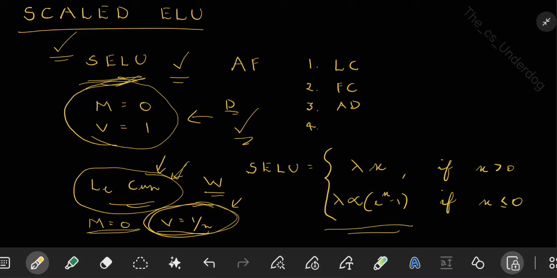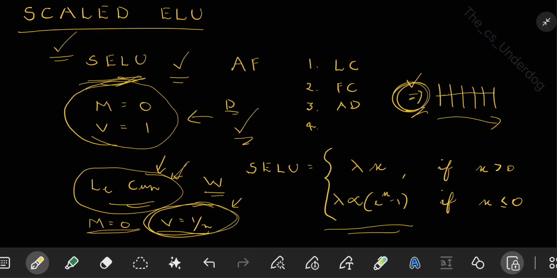Fourth point, this is the last point, the most important one. What are we saying with this scaled ELU? We are saying that when your data is going through the layers, it will make sure that data is kept normalized. But if this has to happen, the main condition is that whatever data you initially give should be normalized. Otherwise this LeCun initialization or this SELU normalization can't do anything. It can work only if the initial data that you are giving is normalized.